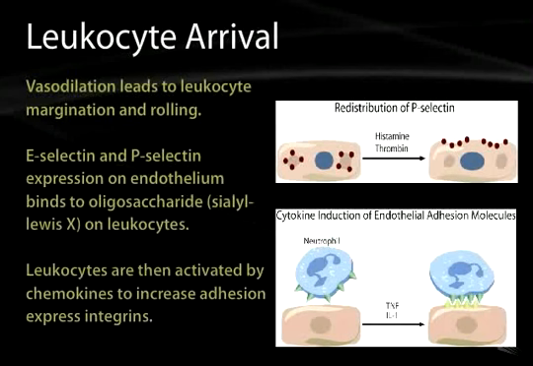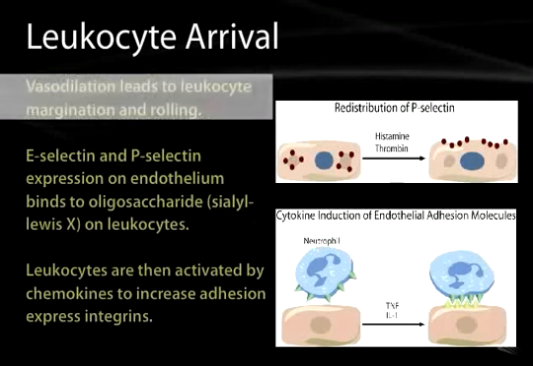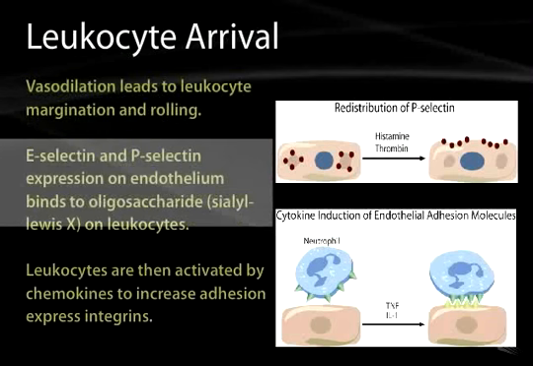So how do the leukocytes get through the endothelial cells into the extracellular compartment? Well, the first thing you get is vasodilation, and so you get an influx of more blood into that area. Now, what happens next is you get expression of particular adhesion molecules on the surface of the endothelium. And these are things like E-selectin and P-selectin.